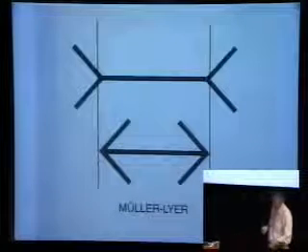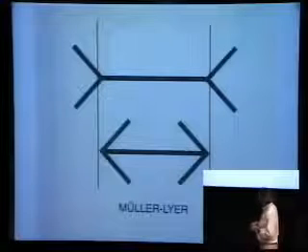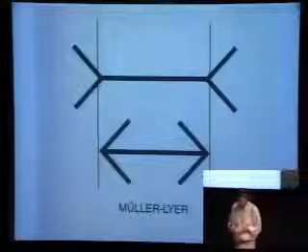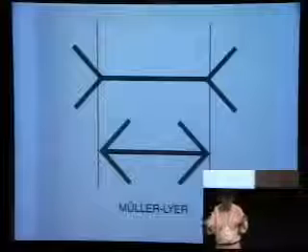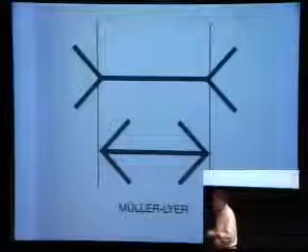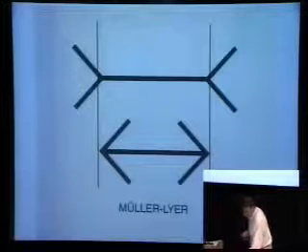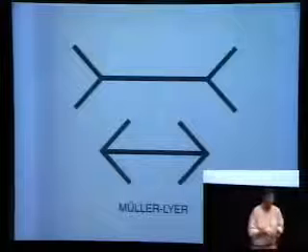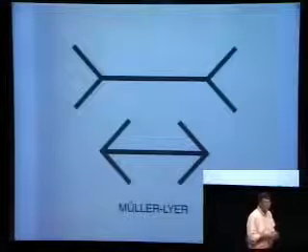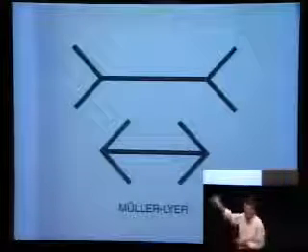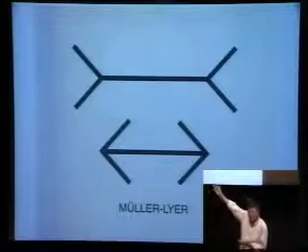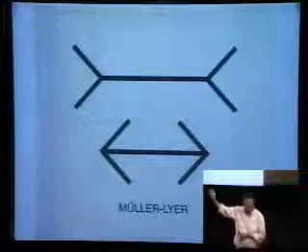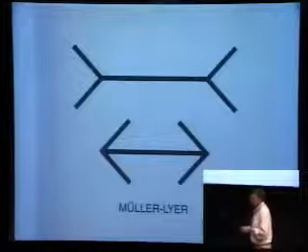Though it's not. Everybody can see that those two lines are exactly the same in length. But knowing it doesn't make any difference, right? You look at the Müller-Lyer illusion, and it still looks longer. You know it's not, but it still looks longer, okay?